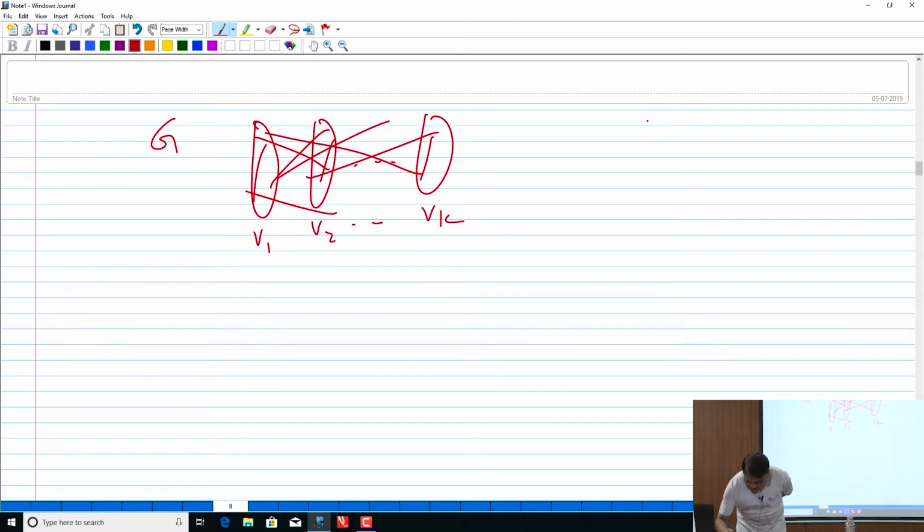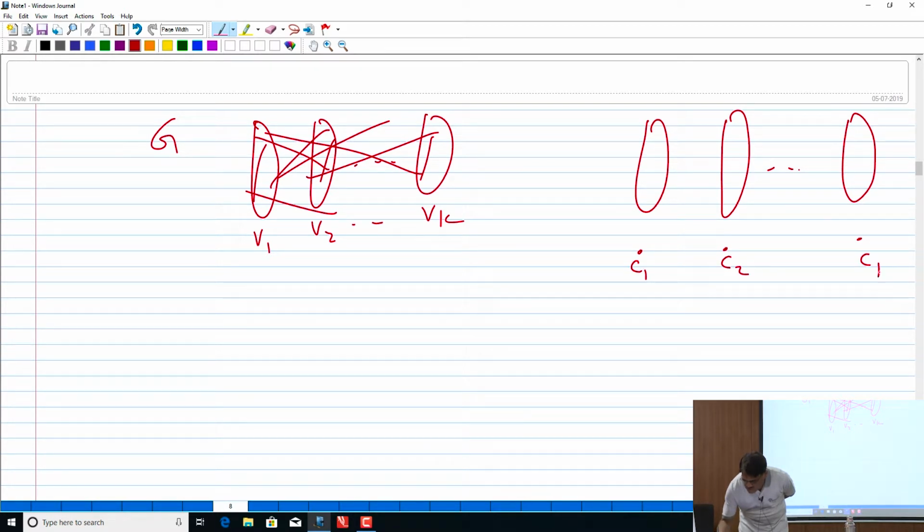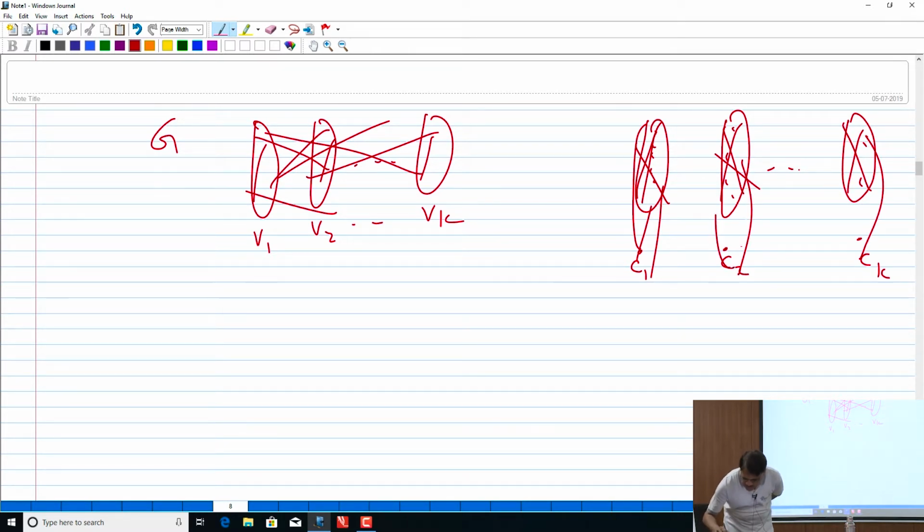I am going to take the same V and add one extra vertex for each of the color classes, let us say C1, C2, Ck, and these vertices are adjacent to the V1 vertices. I am going to make these guys adjacent to everybody and make this a clique, to start with.